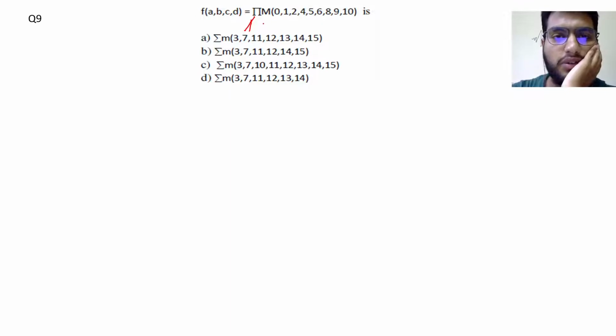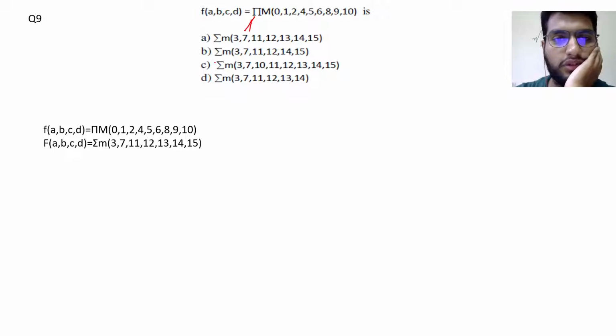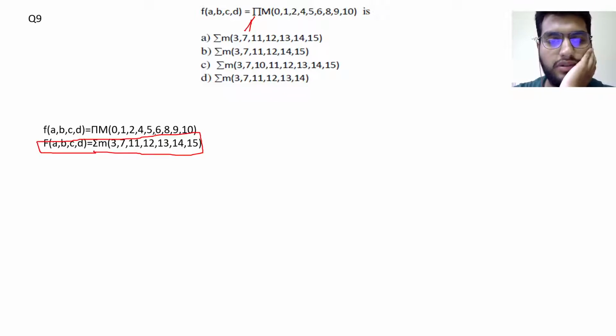The terms present are 0, 1, 2, 4, 5, 6, 8, 9, 10. Its complement will be 3, 7, 11, 12, 13, 14, 15. These will be your answer, converting from POS to SOP. So option A is the correct option.